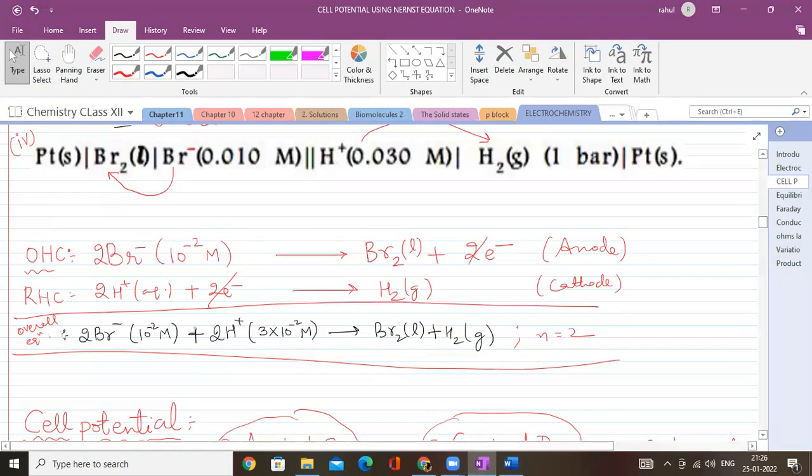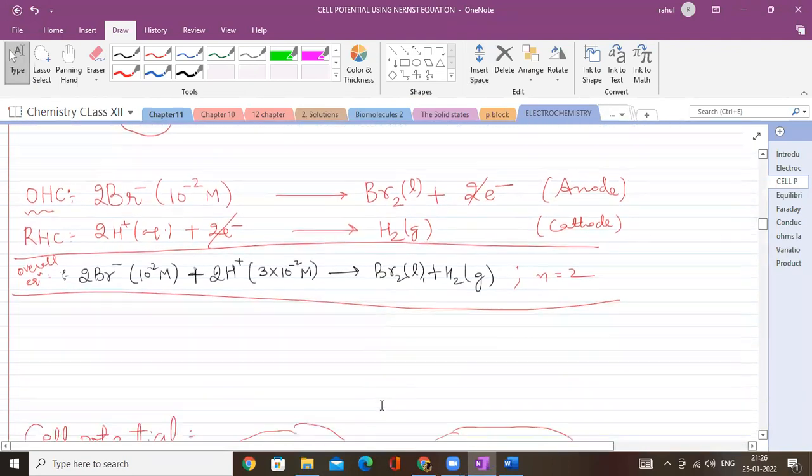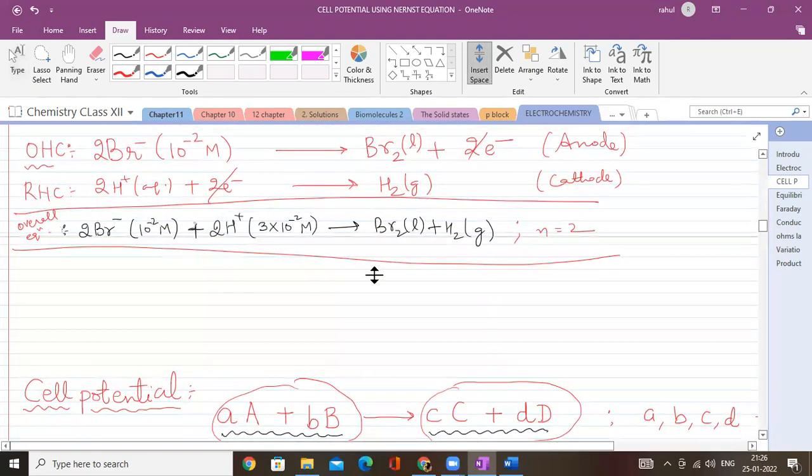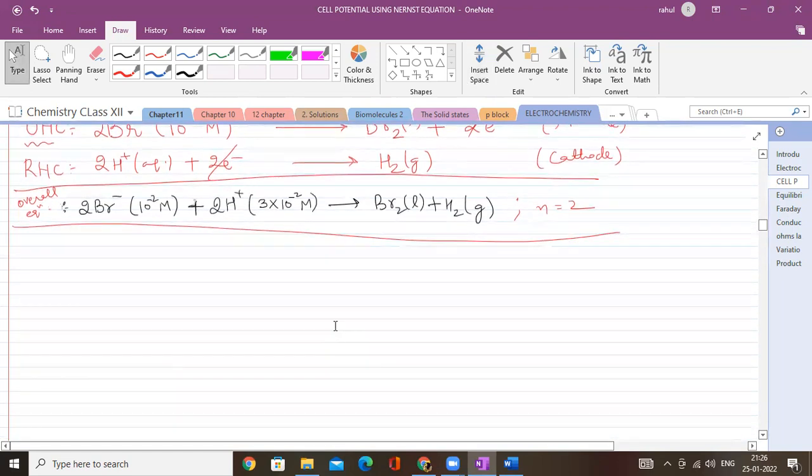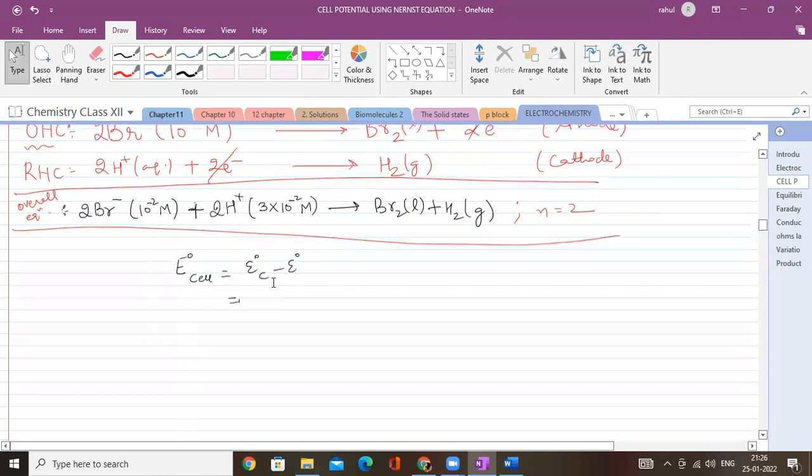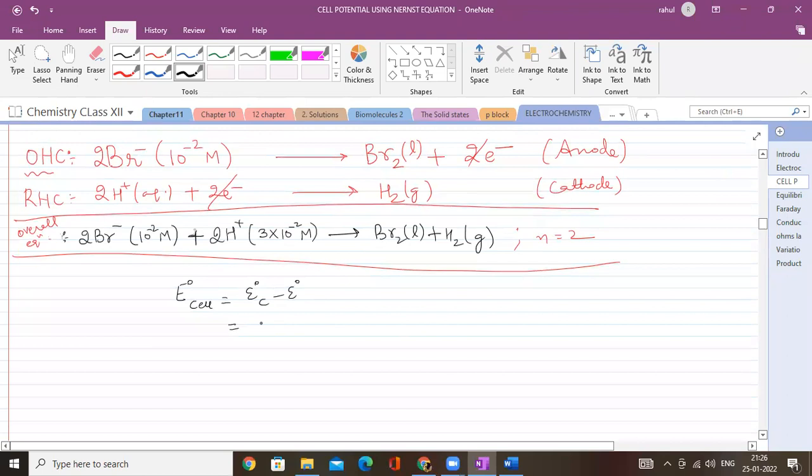So if I try to solve this question by applying the Nernst equation, I can solve it. Let me try the Nernst equation. But before that, E naught of the cell will be E naught of cathode minus E naught of anode. E naught of cathode is hydrogen, which has a value of 0.